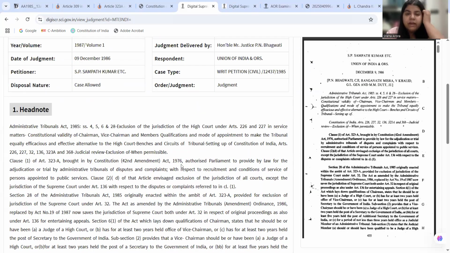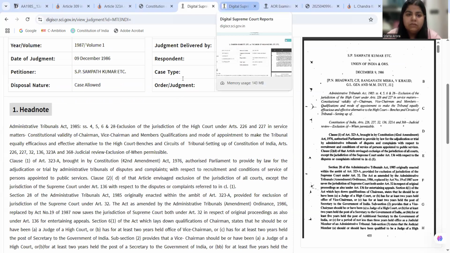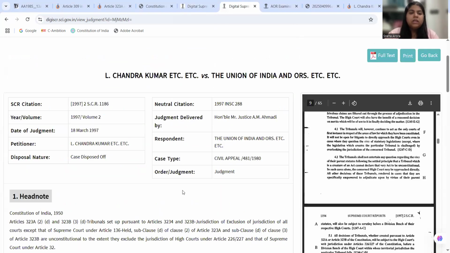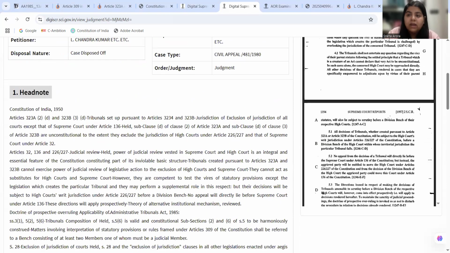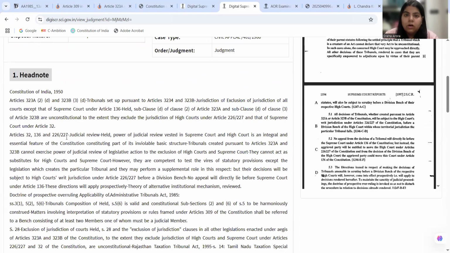Now, the finding of this case is being revisited in the case of L. Chandra Kumar. Now, in L. Chandra Kumar, the Supreme Court is noting that it is not just about subordination, or just about substitution, but it is about one of the integral aspects of the Indian legal system, which is judicial review.